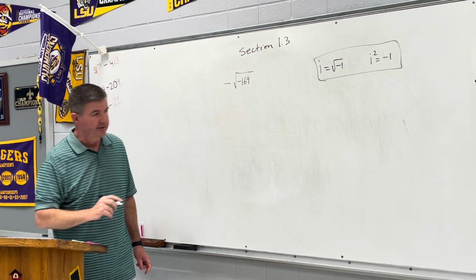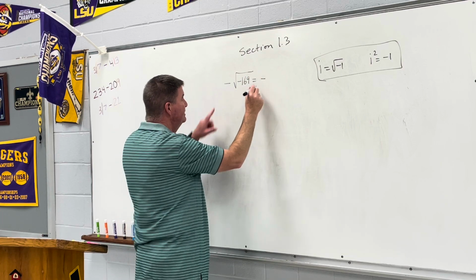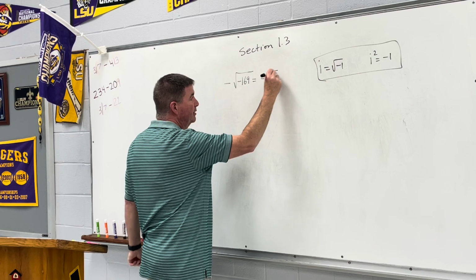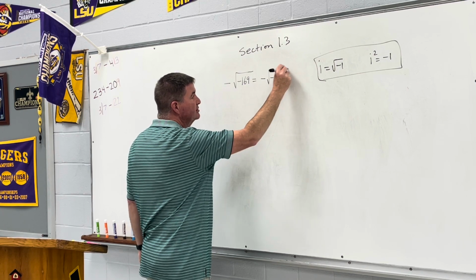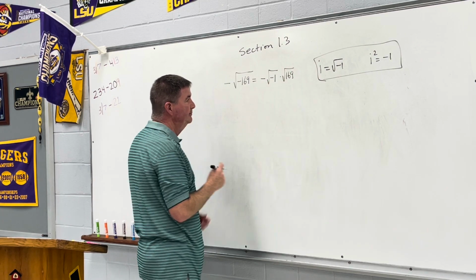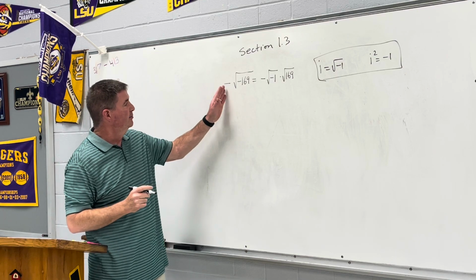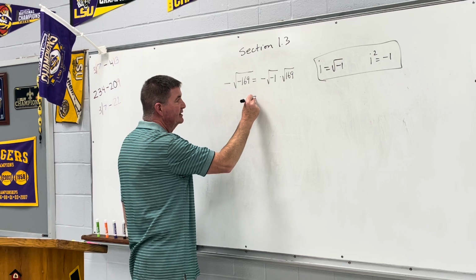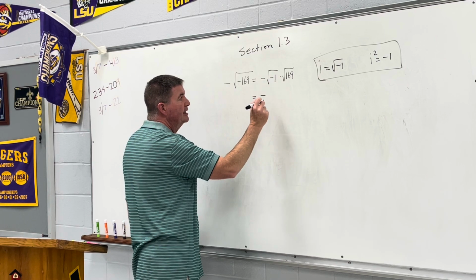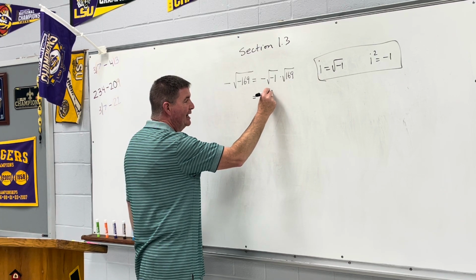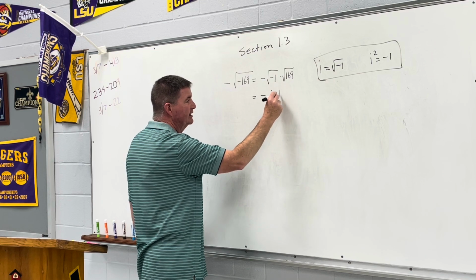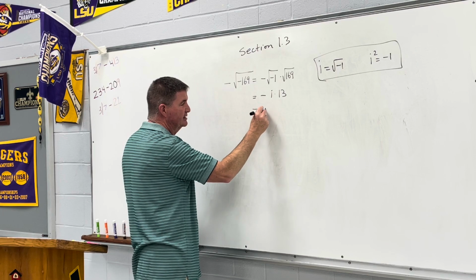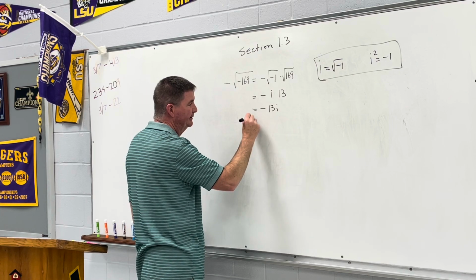Well, we're going to write this as the negative of, then we take a -1 out, so the square root of -1 times the square root of 169. So in essence, we're breaking it into almost 3 different things. This negative out front just means the negative of. The square root of -1 is i, and the square root of 169 is 13. So if we put this together in the correct order, it is -13i.